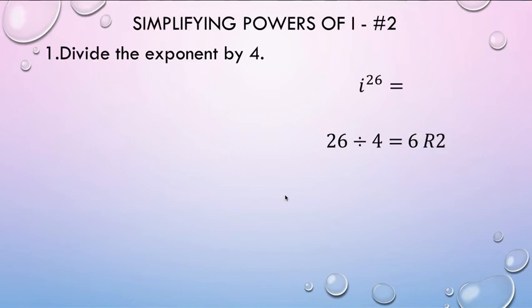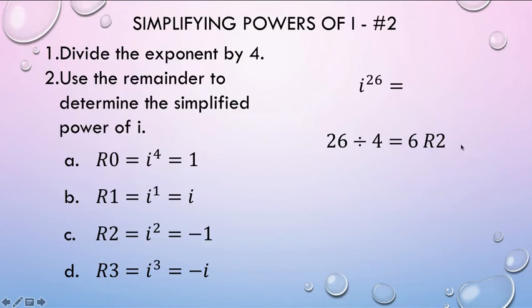We end up with 6 with a remainder of 2. We don't care about that 6. We only care about the remainder, right? Because that means there were 6 ones being multiplied together. It still just equals 1. The remainder of 2 then says there's an i squared left over, and we know that i squared equals negative 1. So i to the 26th equals negative 1.